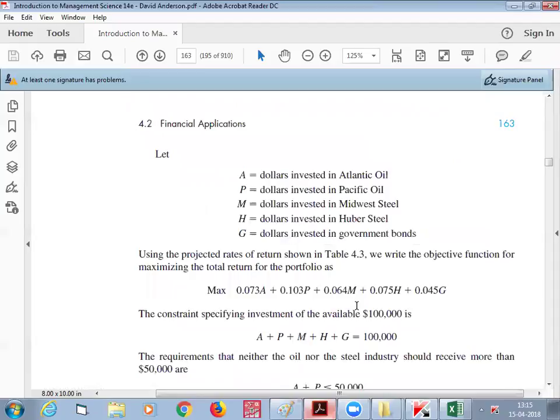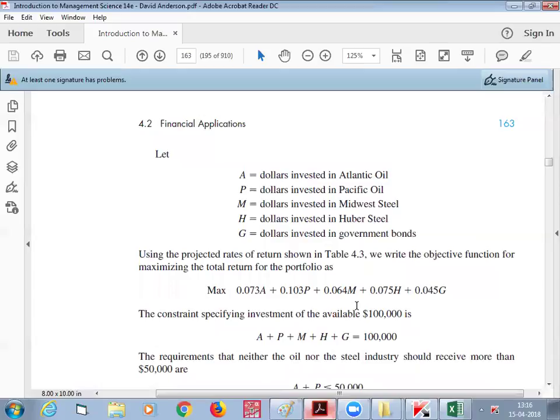So 0.073A plus 0.103P plus 0.064M plus 0.075H plus 0.045G. That's the total return which we're trying to maximize. And the first constraint is how to invest the entire amount. So A plus P plus M plus H plus G is equal to 100,000.